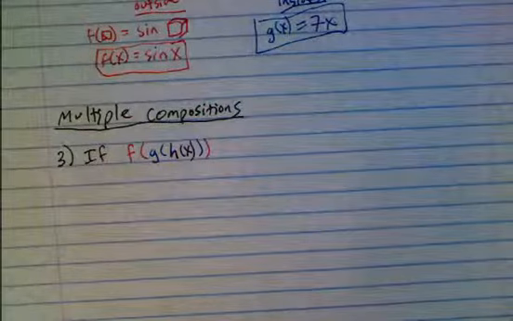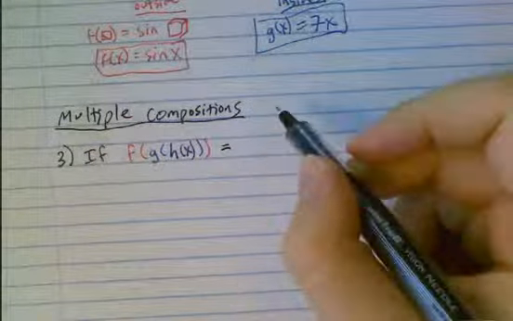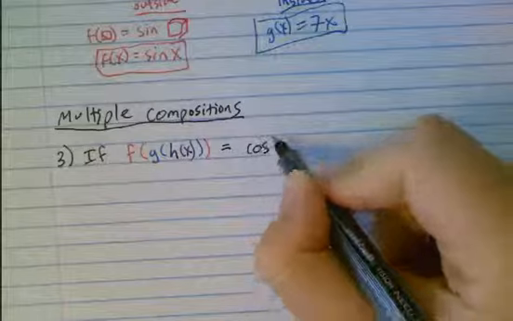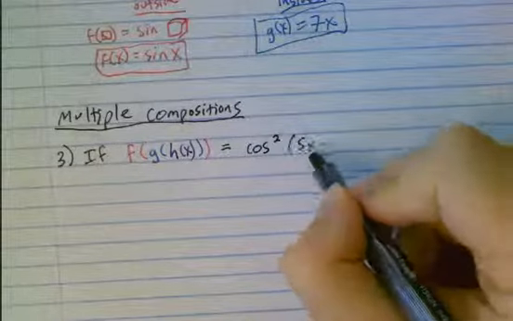So now we've got 3 layers here. Let's say that that equals cosine squared 5x minus 2.